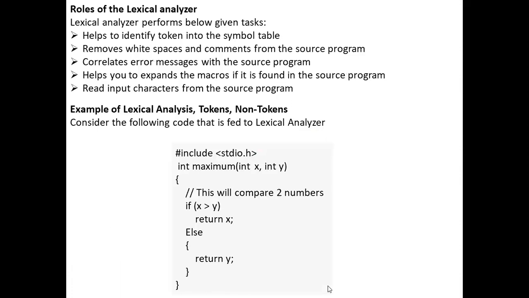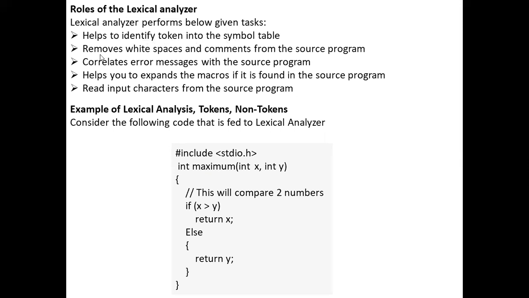Now the next part is the role of the lexical analyzer. Role of lexical analyzer means what is the actual functionality of the lexical analyzer. Its functionality is to help identify tokens into a symbol table.